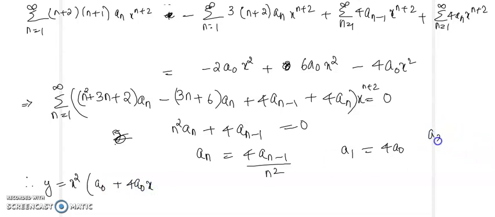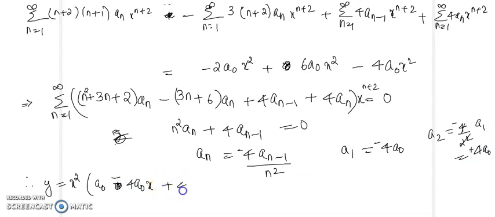Then when you find a2, it is going to be minus 4 by 2 square into a1, so that is again plus 4 a naught, since there is a minus sign.